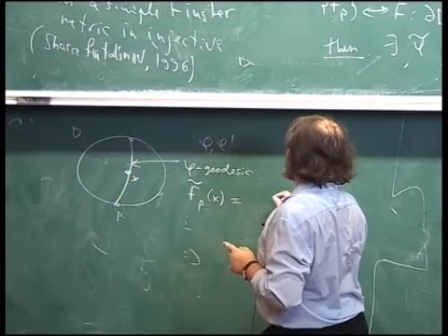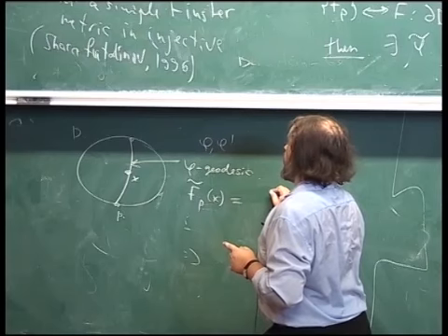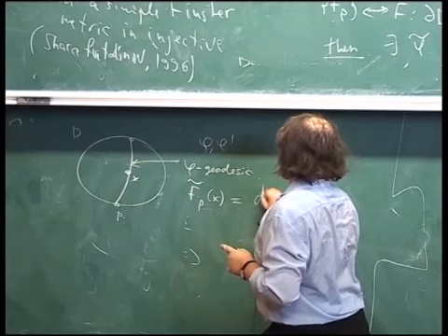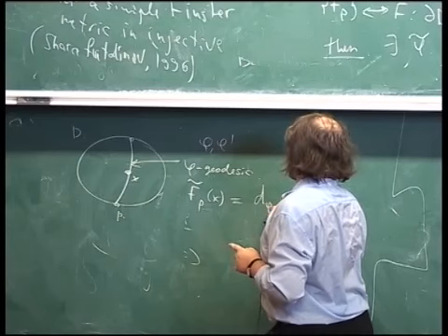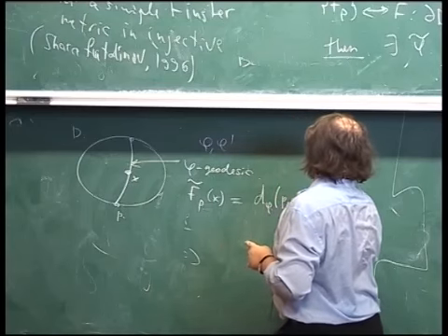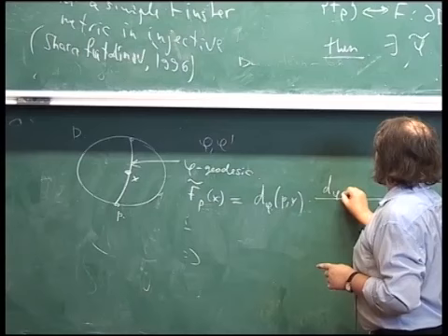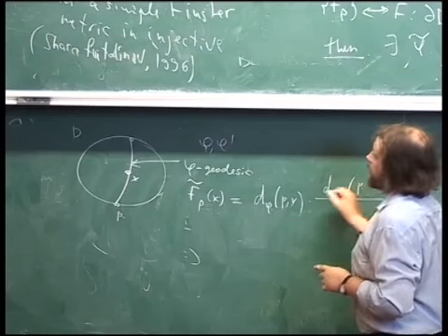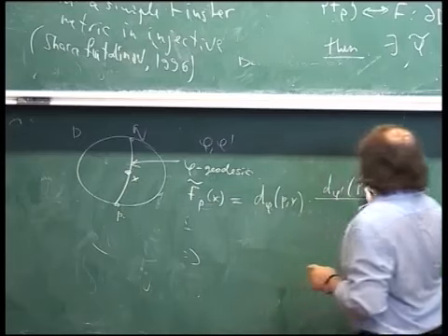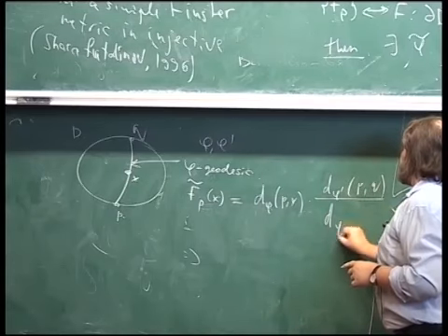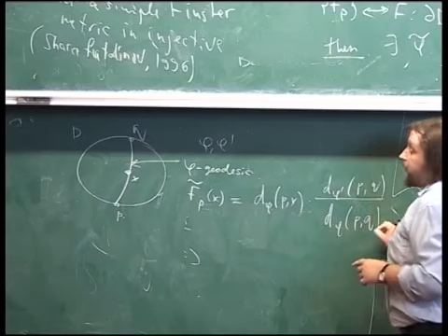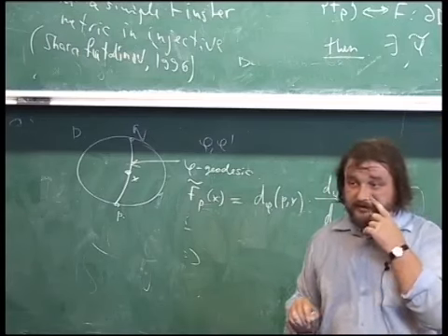It's just the distance phi from p to x times the distance phi prime from p to q, pq, divided by the distance phi pq. And this satisfies all things.